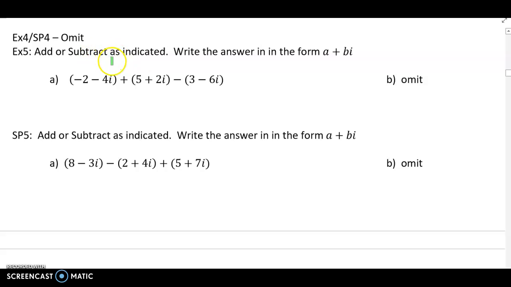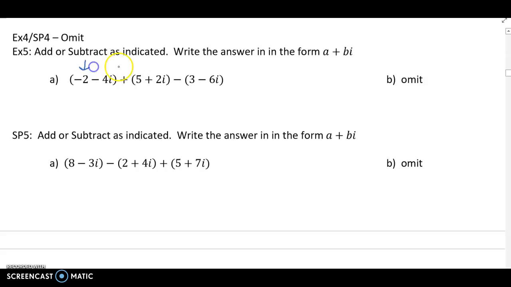These have i as part of their number. So -2 minus 4i is considered one complex number, plus one complex number, minus another complex number. However, we're going to break this down into the real part and the imaginary part.